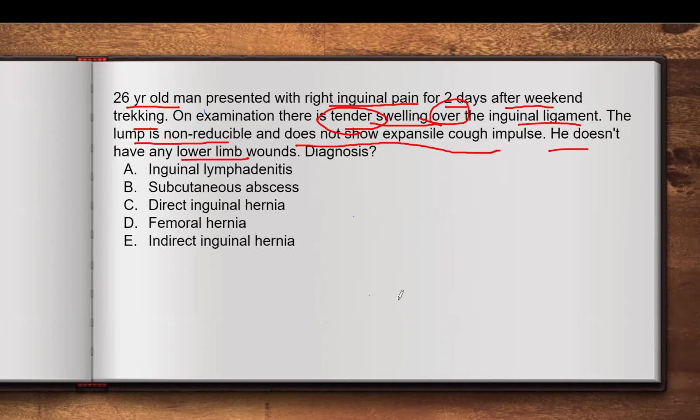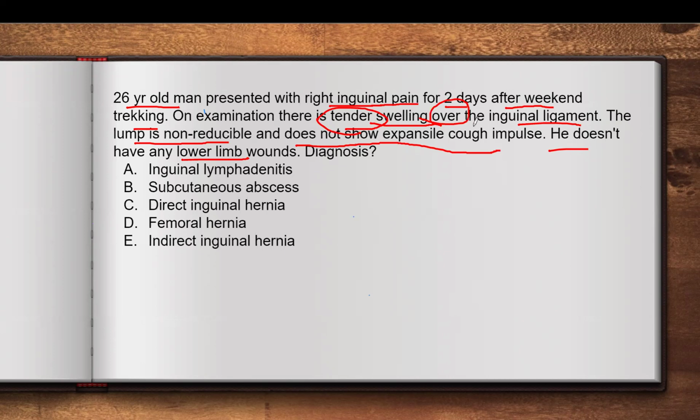Yes, so this is a 26-year-old young man, and he had gone trekking. So there is a possible chance of any insect bites or any unnoticed minor trauma. And then there is pain and swelling, tenderness over the inguinal ligament.